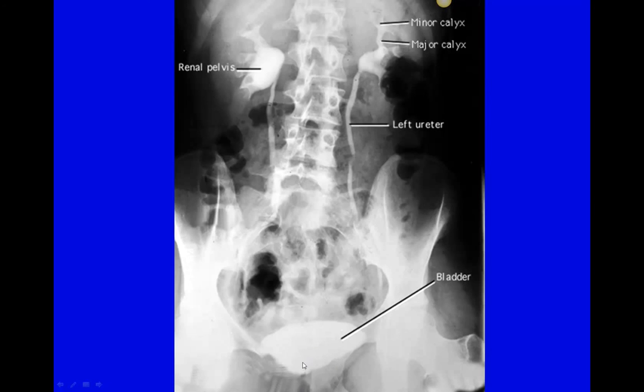We could take another picture. So this has been a picture that's taken after the patient had this contrast in their bloodstream for a little bit. We're going to take repeated films to look at this over time.